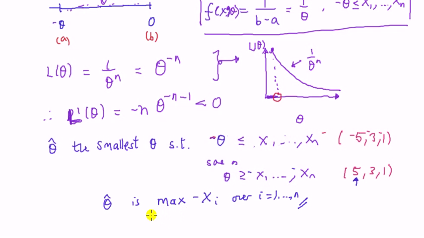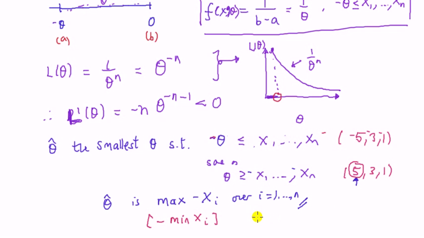Writing this is equivalent to writing minus the minimum of x_i. If we look at our x_i's in our example, minus 5, minus 3, minus 1, the minimum there is minus 5. If we take minus of that, that's plus 5, the same as the answer I got right here. So that's the MLE.